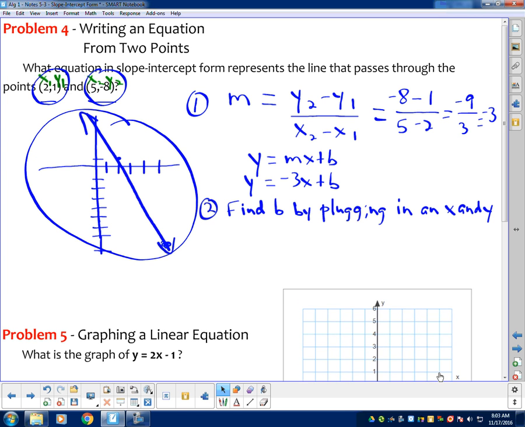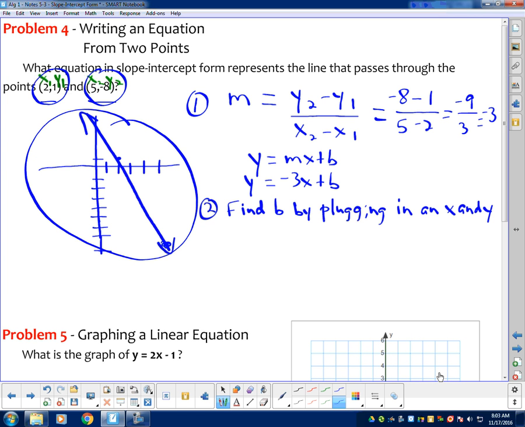So take this equation, y equals negative 3x plus b, and in place of y, I'm going to put 1, and in place of x, I'm going to put the 2, and you'll notice that the only variable that is left is b, so I'm going to use this process to solve for b. So 1 equals negative 6 plus b, add 6 to each side, and b equals 7.